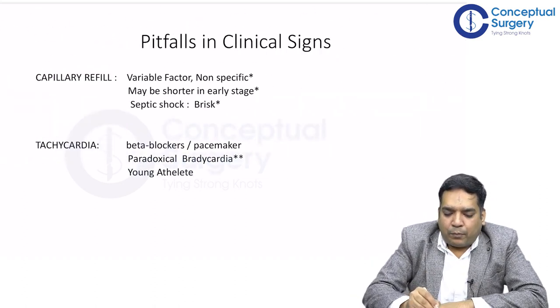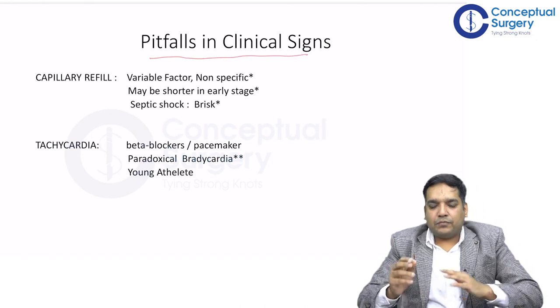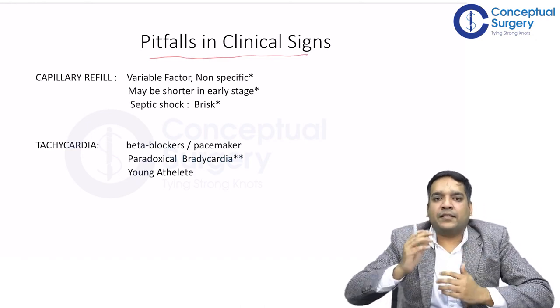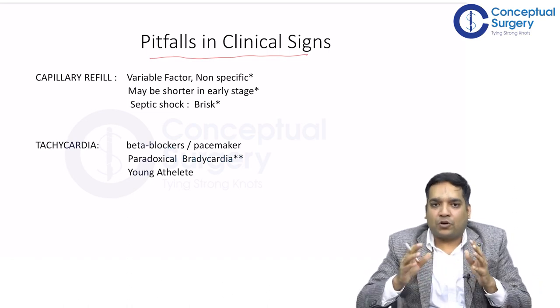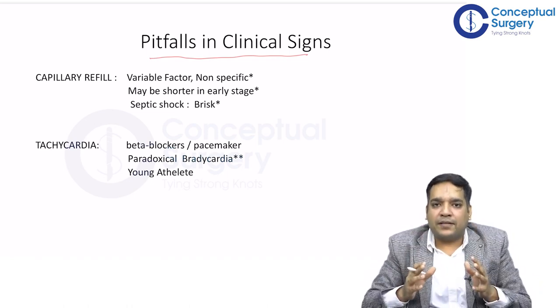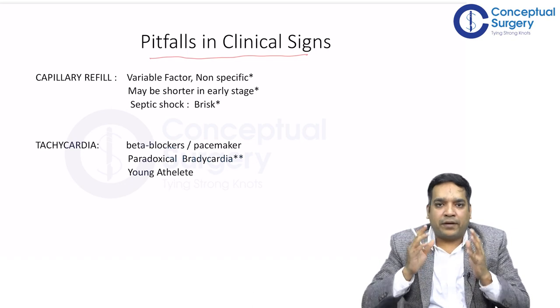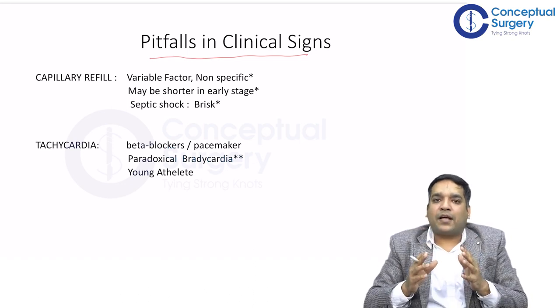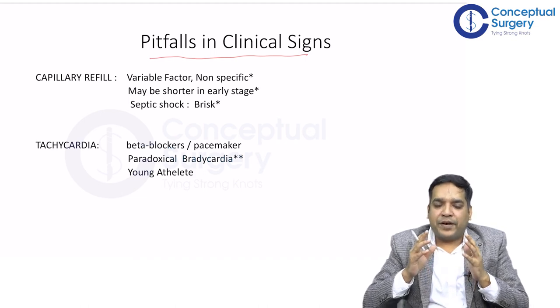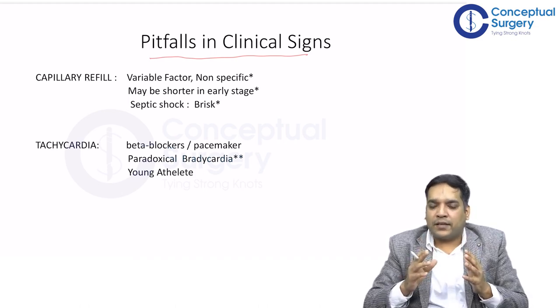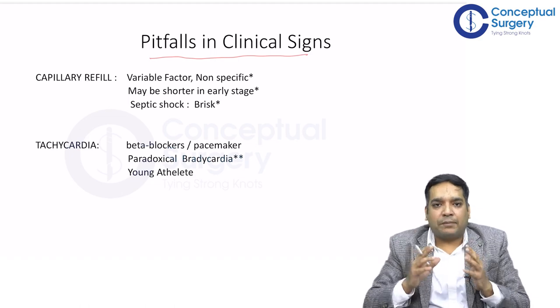So I'm going to discuss pitfalls in clinical signs. There are certain clinical signs of the CVS system which help us diagnose shock. But these clinical signs have some errors, right? They are not accurate, they are quite variable, and in some patients and in some clinical conditions, their interpretation can be faulty.